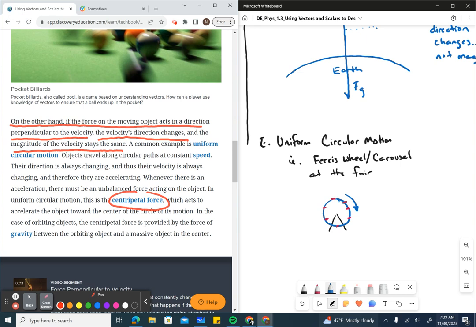So the centripetal force is a force that is pulling you towards the center. Okay, so centripetal force. Centri meaning center, centripetal forces pull you to the center.